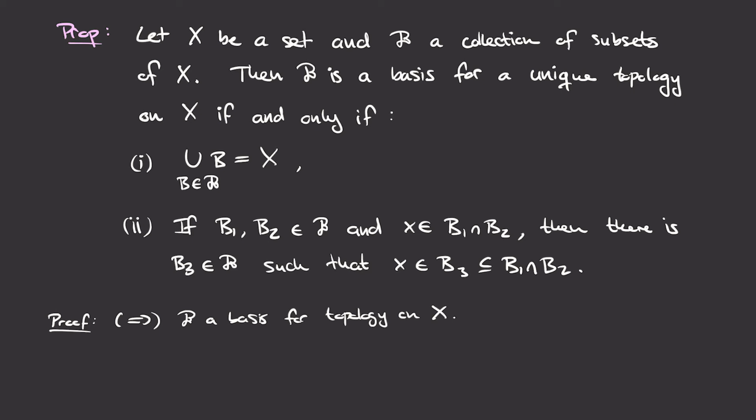So the first condition follows from the fact that we can write every open set as a union of basis elements. So because we know that X is a topological space, X itself is open, and this implies that X is the union over some basis elements Bi, but now because all of the basis elements are contained within X, this is in fact the same thing as the union over all basis elements in this basis.